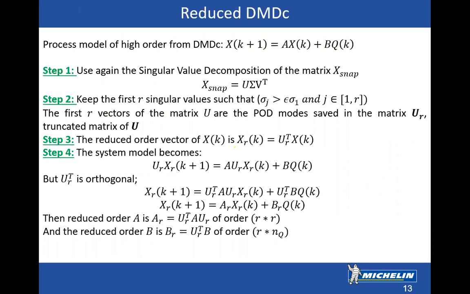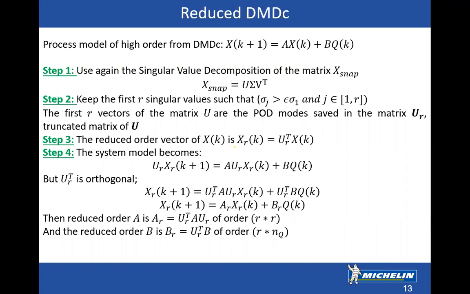We again use the singular value decomposition of the matrix, U sigma V transpose. We keep the first R singular values, and corresponding to these first R singular values, the first R vectors of the matrix U are the POD modes, which are saved in the matrix U_R, which is the truncated matrix of U. As said before, I'm going to use the U_R for the reduction step.